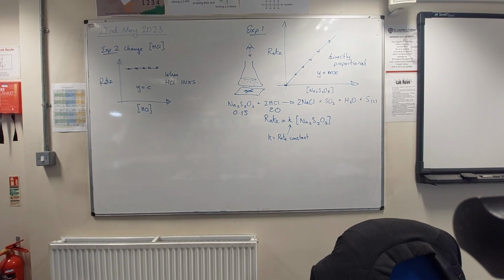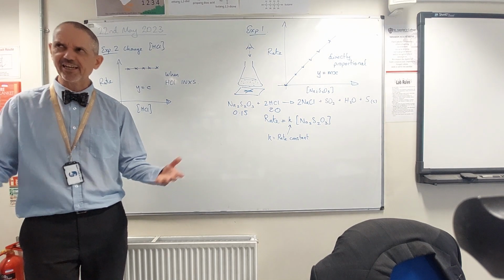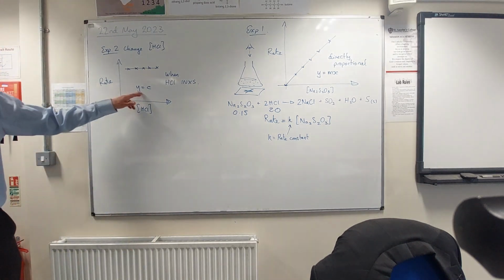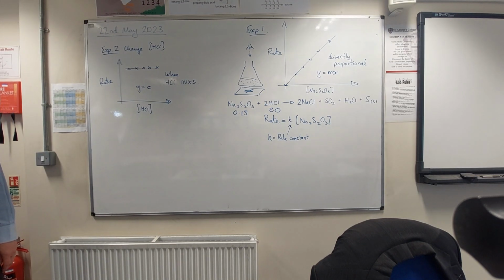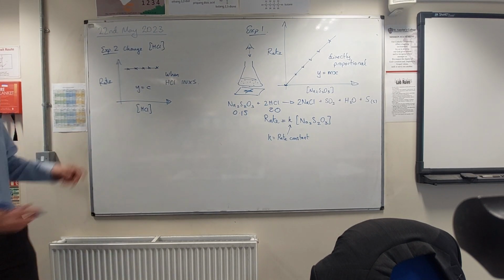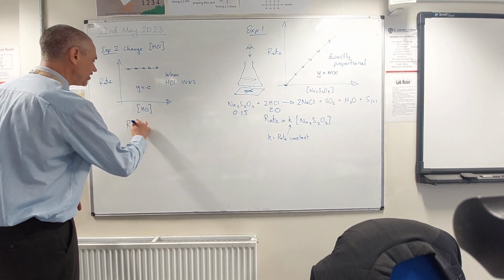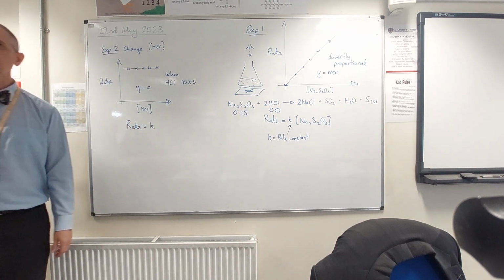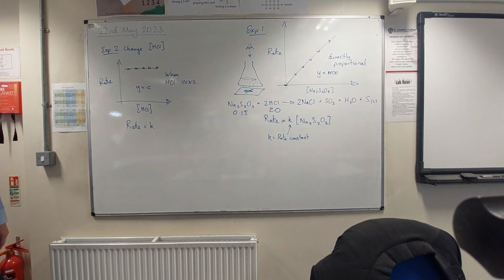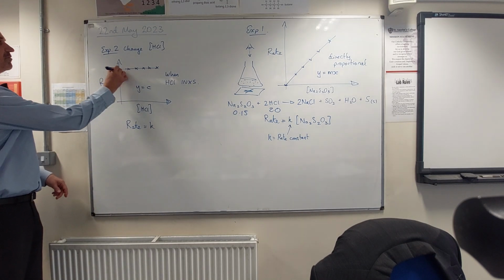That's the point, right? We've taken the concentration of the HCl out of the equation, literally. It's no longer in the equation there. So if I was to write my rate equation for that, well, it would just be rate equals K.